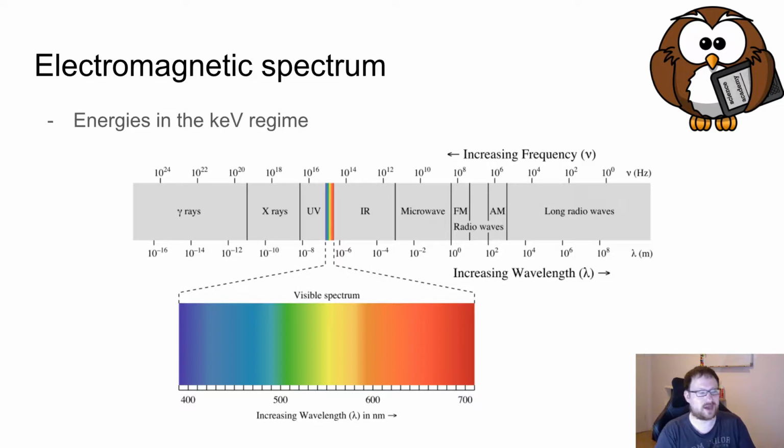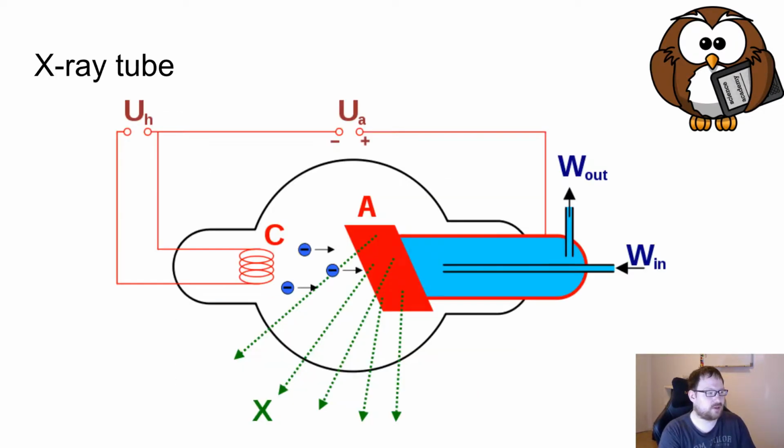But where does it come from? How can we generate X-rays? It's usually best explained by looking at an X-ray tube. This is just a simple model of a tube. We have a small vacuum chamber, so there's no air inside, and then we have a cathode and an anode. The cathode is heated so that electrons can easily be pulled out.